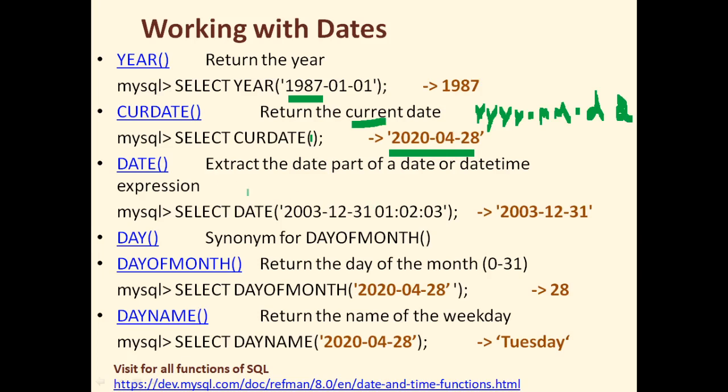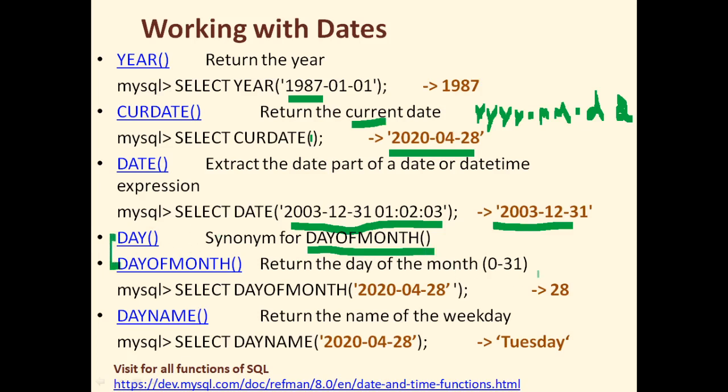The date function extracts the date part from the datetime expression. Normally date is a combination of date and time both in SQL. So here the date function extracts only the date. Now the day function is equivalent to the dayofmonth function, and they both give the same result.